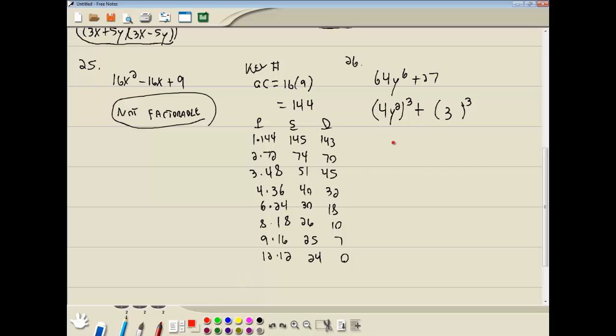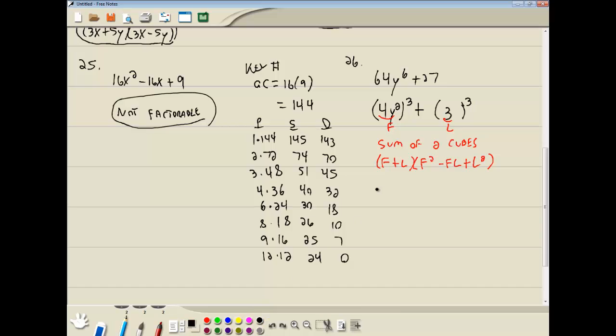So I'm going to label this. This is what's my first set of parentheses, so F for first. This is what's my last set of parentheses, so L for last. And this is the sum of 2 cubes, which looks like this. F plus L times F squared minus FL plus L squared.